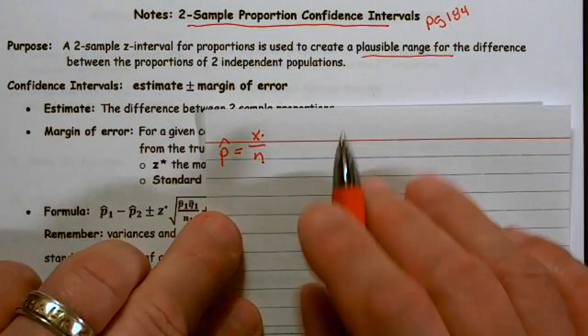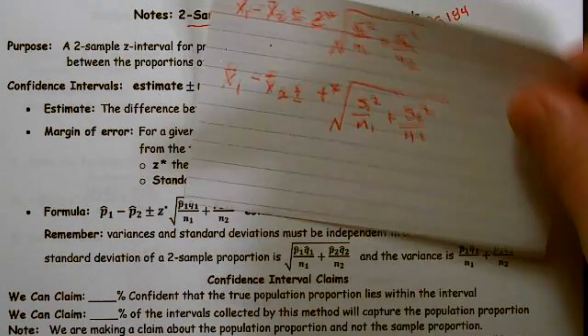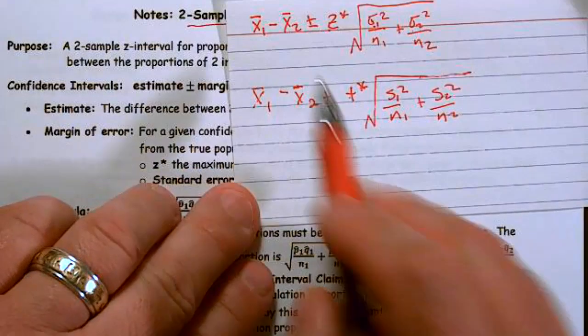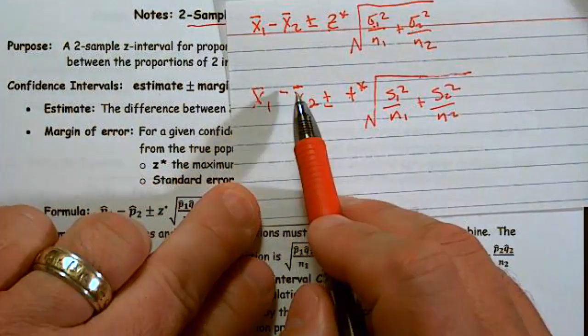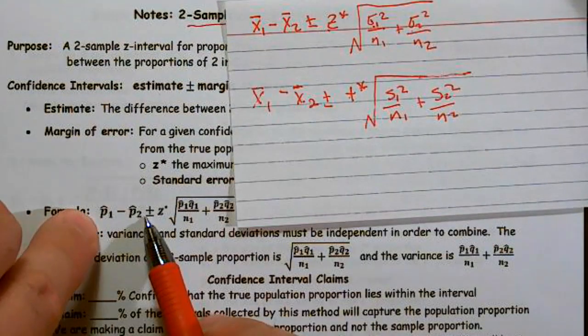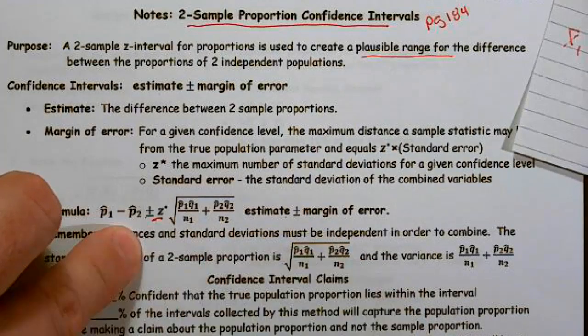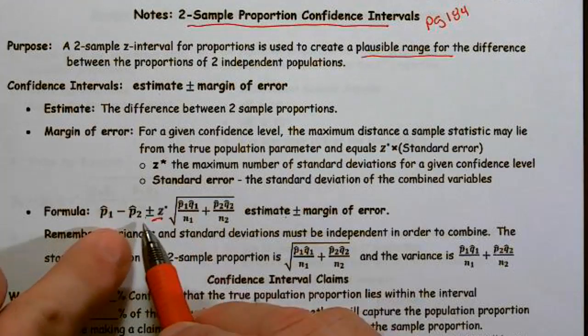It's not surprising that since we had the sample mean and the two sample means before, we're going to have two sample proportions. And anytime you work with a proportion, it'll be a Z. There'll never be a T when you're working with proportions. It'll always be a Z.